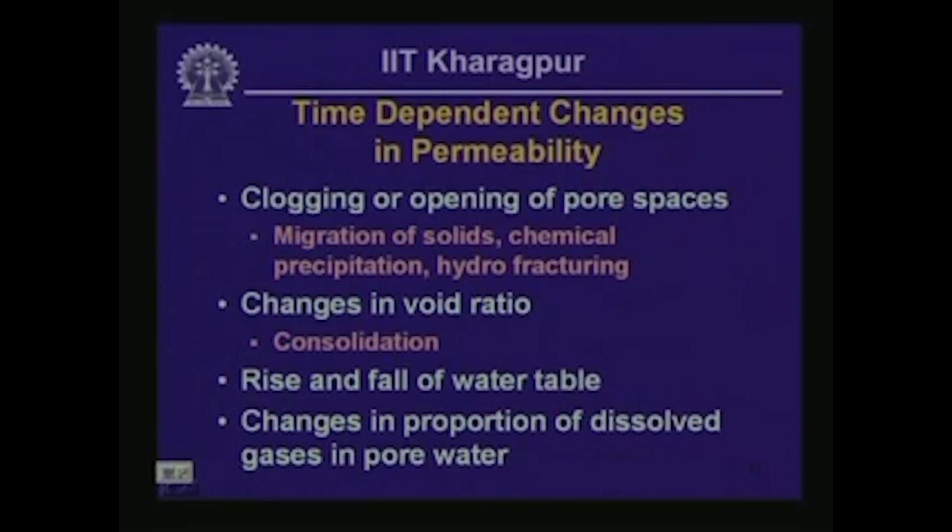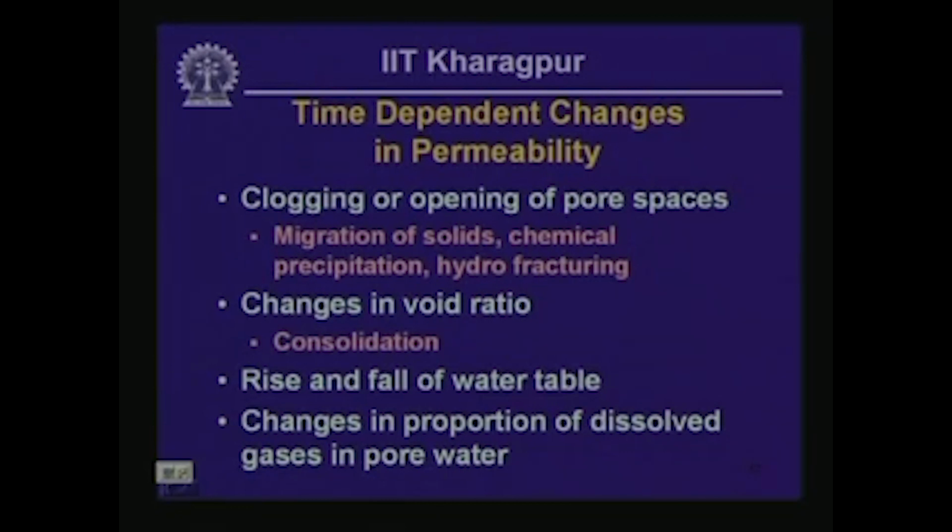What could happen actually with time over which the groundwater flows through a particular aquifer? Clogging may take place or opening of pore spaces may take place. These are two opposite effects. If the pore spaces get clogged because of migration of solids or because of chemical precipitation, then the permeability of that particular formation is going to decrease as the time passes.